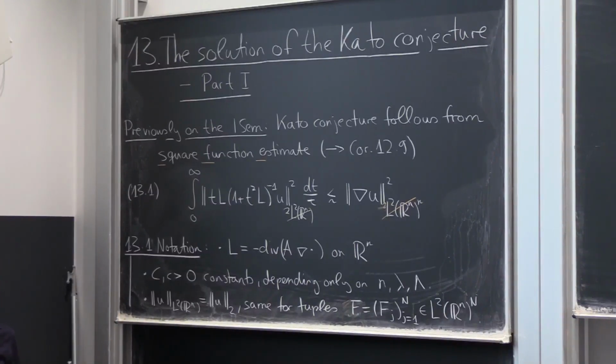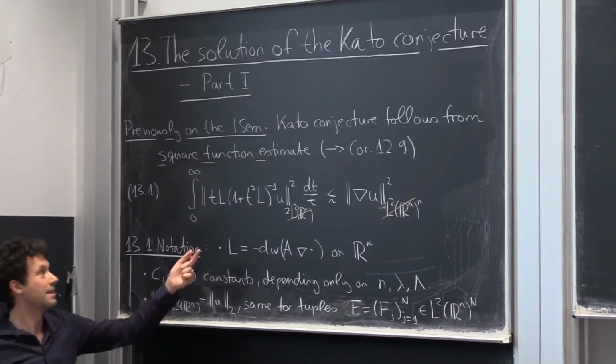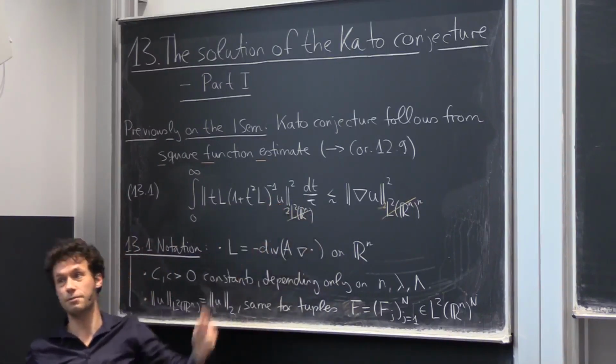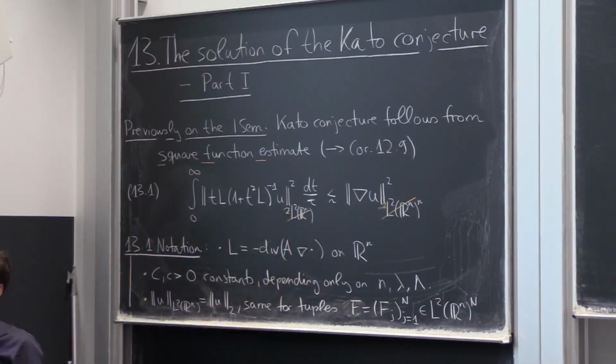What is disturbing me is that there's a gradient of u sitting on the right-hand side, but there's no gradient on the left-hand side. Right, so I want to view this thing as bounding a linear operator.